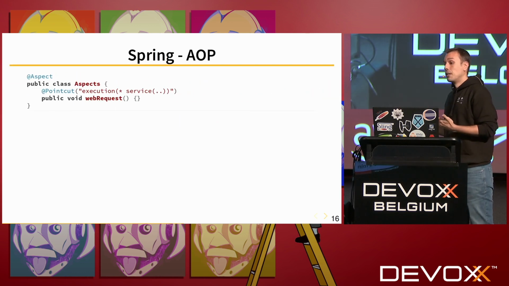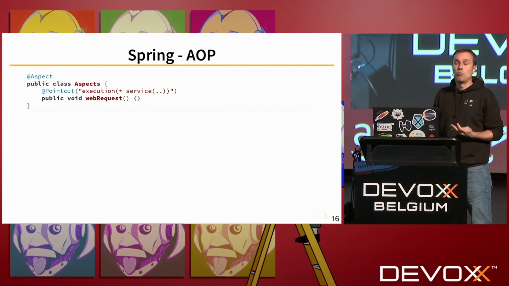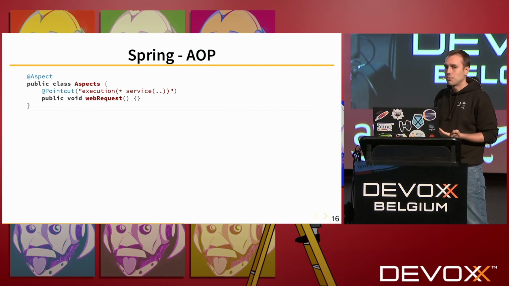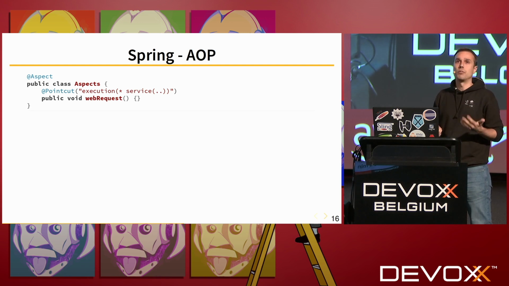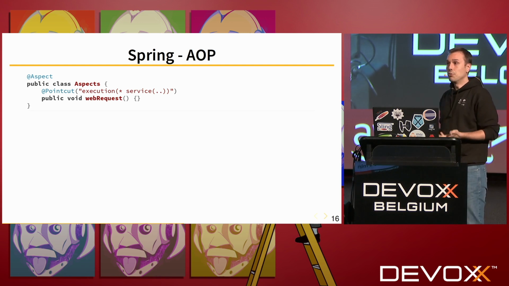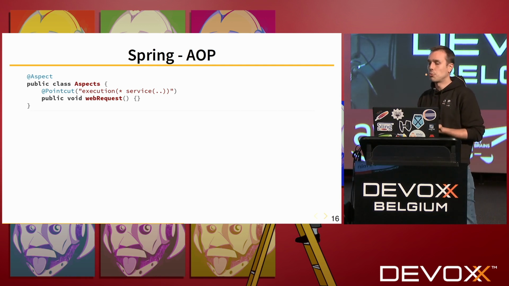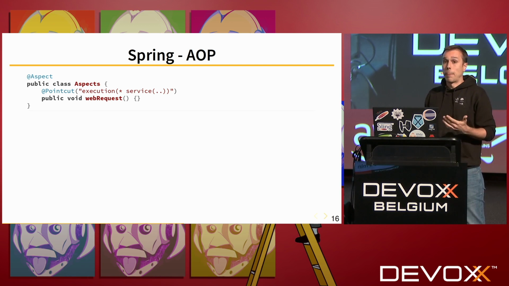Now, sometimes you can get away without actually writing a Java agent. Depending on your platform, there are certain facilities that you can use to do the things that you want to do, or almost all the things you want to do, without writing a Java agent. Spring has AOP, right? And that's a sort of two-step approach.